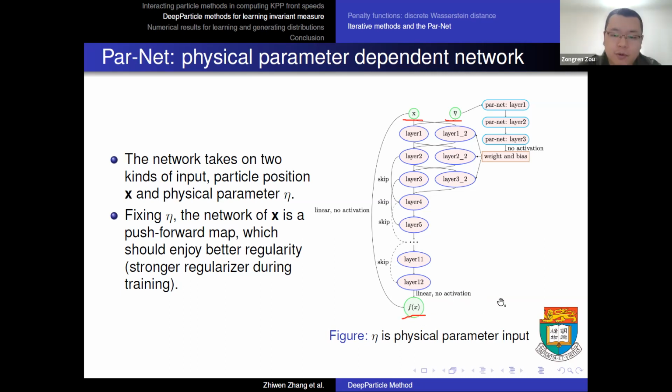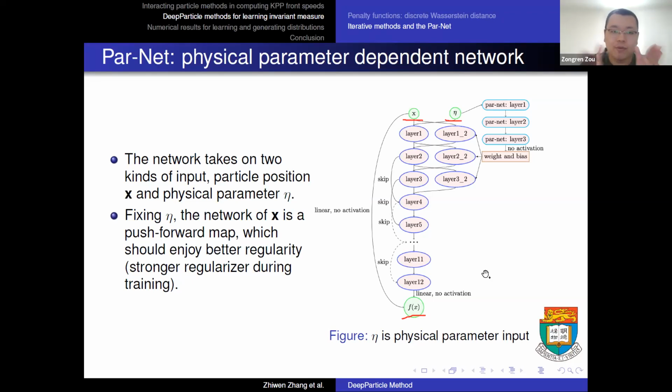Okay, so based on my understanding, you're learning a mapping from a measure to a measure, so between fields, basically. Why don't you use something from the computer science community, like convolutional neural networks?